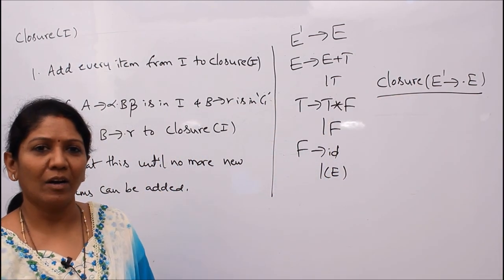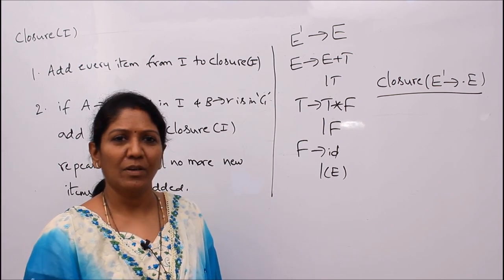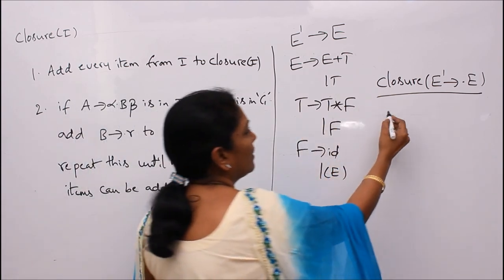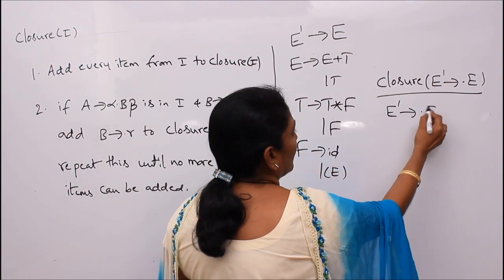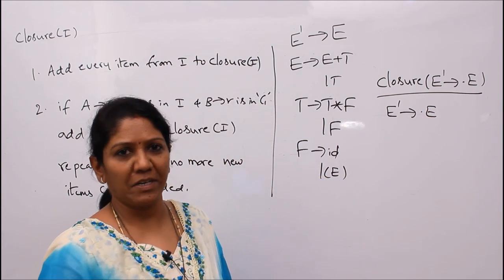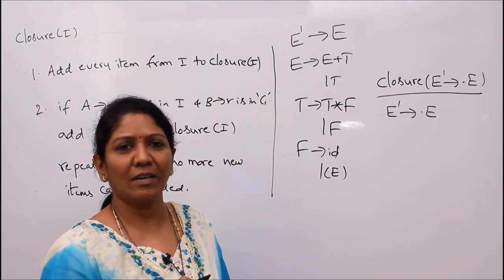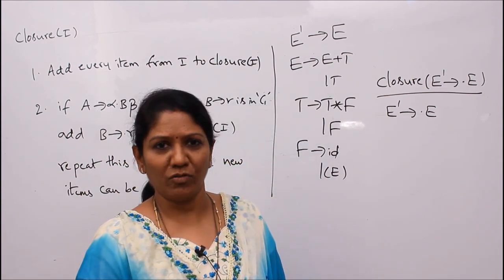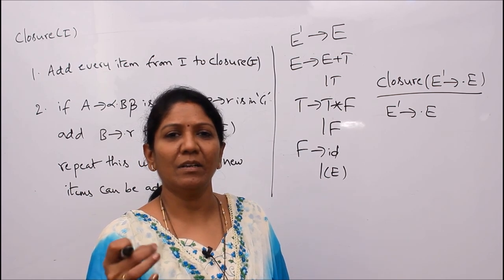So what did I say? How do we evaluate closure function? First rule is add everything from input to output. So what you have here? E' → dot E. When you add everything from input to output, you get some initial items. Now once you get initial items, what does the second rule say? Verify the grammar symbol that follows dot. Whenever it is a terminal, ignore.